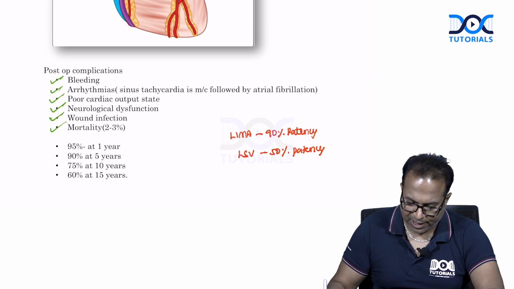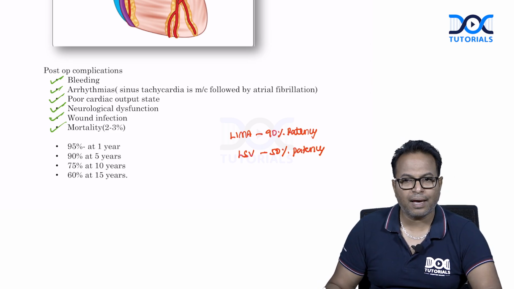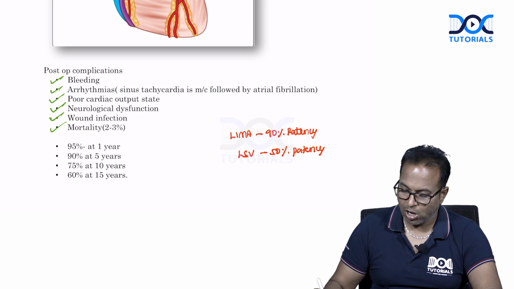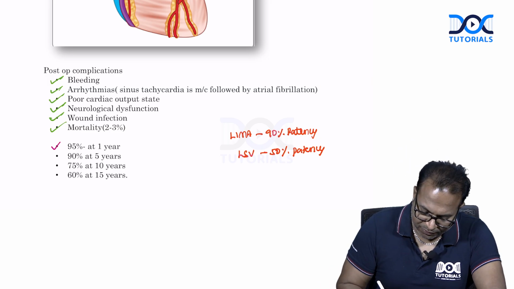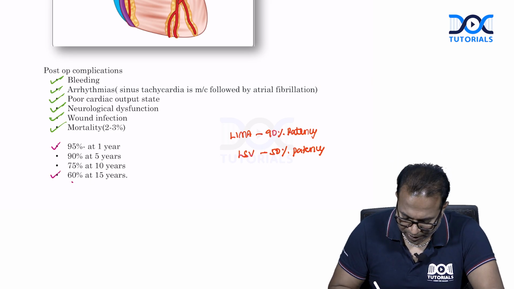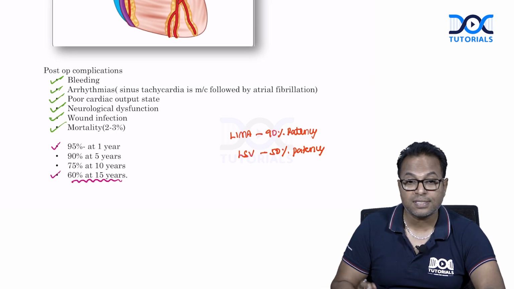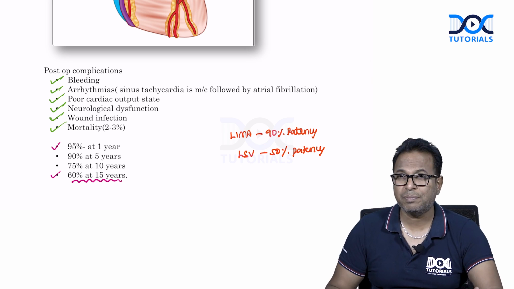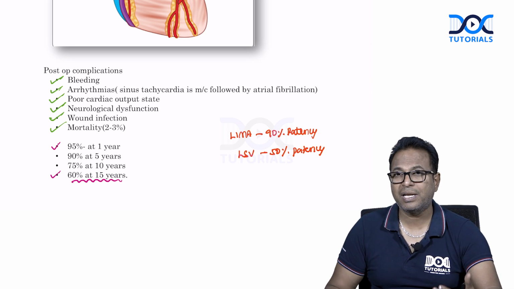That is the second most commonly used. Bleeding, arrhythmias, poor cardiac output, neurological dysfunction, all these can happen, and 95% survive at 1 year and 60% at 5 years. The patency is found to be 60% at 15 years. Therefore, nowadays CABG has become a very common procedure for multivessel disease.